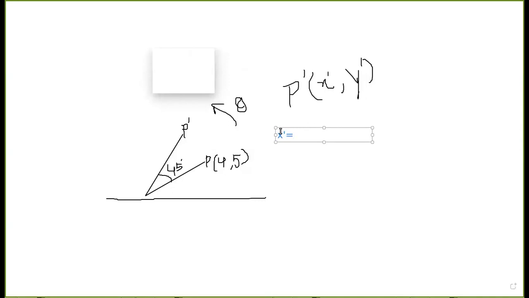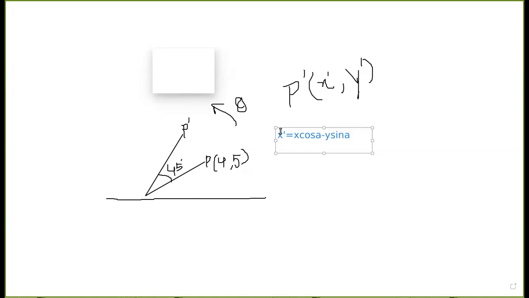X dash equal to x cos A minus y sin A. For theta I am using A, for phi I am using B. It will be 45, whatever the angle. But first tell me the equation. Plus y sin A. A means theta.